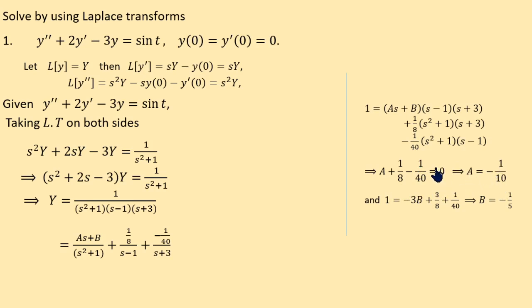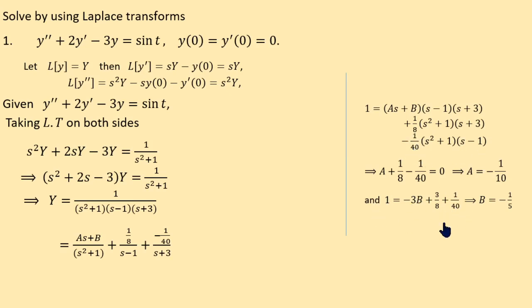Now to find b value, put s equal to 0. Left hand side is 1. When s is 0, it is b into minus 1 into 3, minus 3b. 1 equal to minus 3b plus, when s is 0, 1 into 3 into 1 by 8, so 3 by 8. When s is 0, minus 1 into minus 1 by 40 is plus 1 by 40.